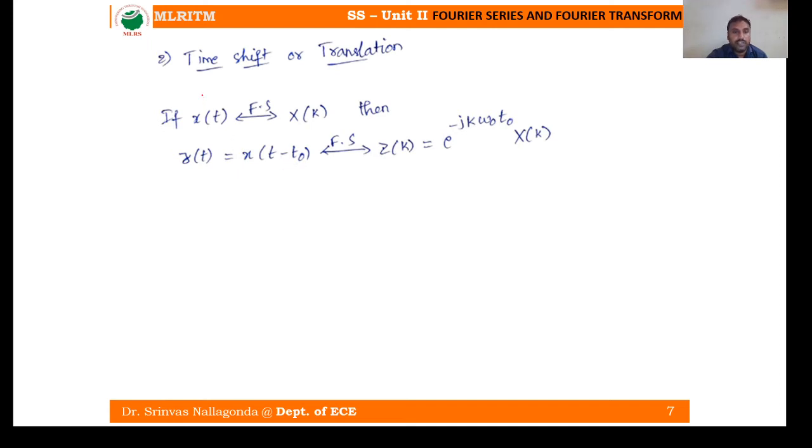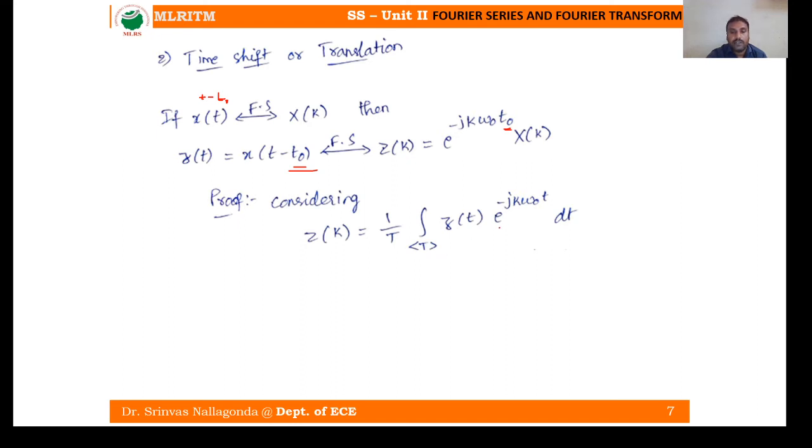So if you are shifting by t minus t naught, then the Fourier series of this is z of k equal to e power minus jk omega naught t naught into x of k. So what is the proof? Considering z of k equal to 1 by T integral over 0 to T, z of t into e power minus jk omega naught t into dt.